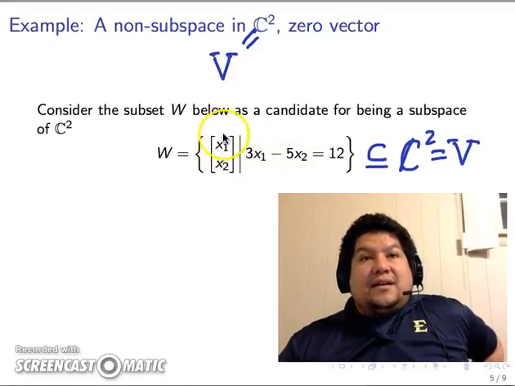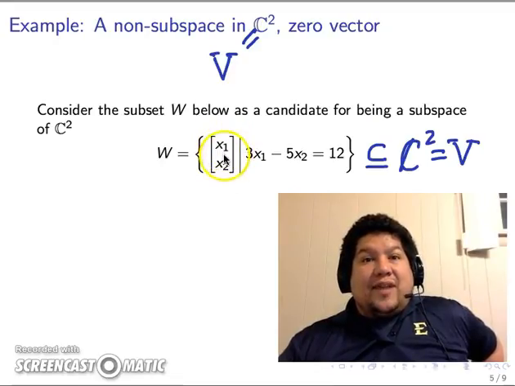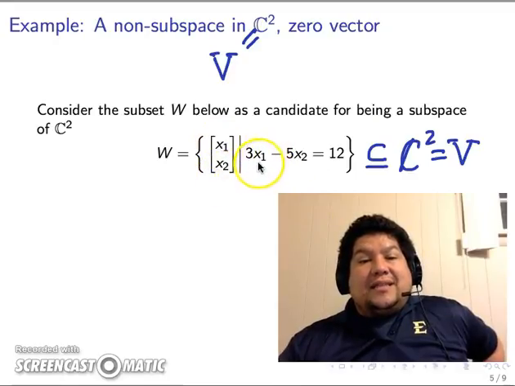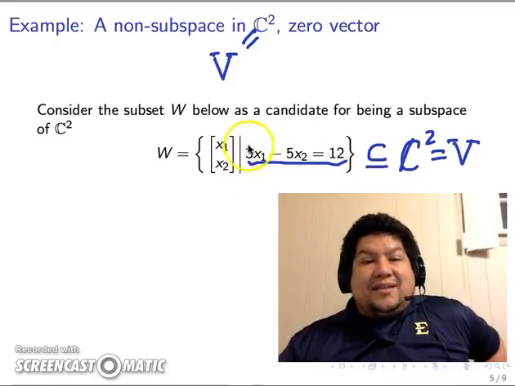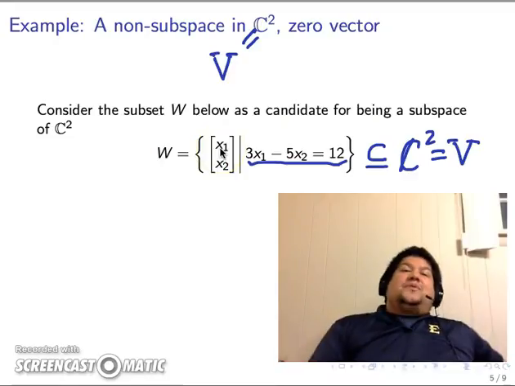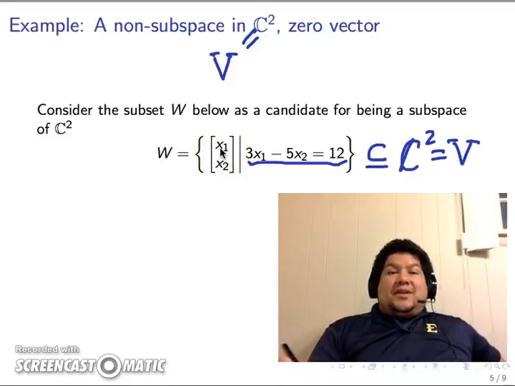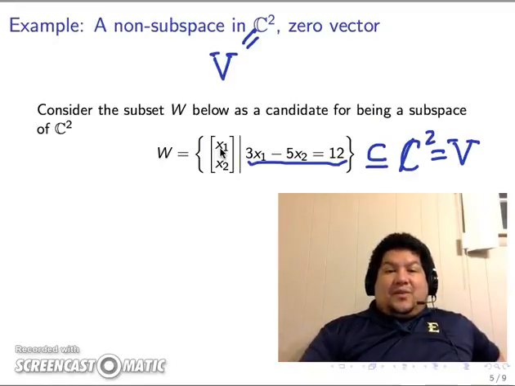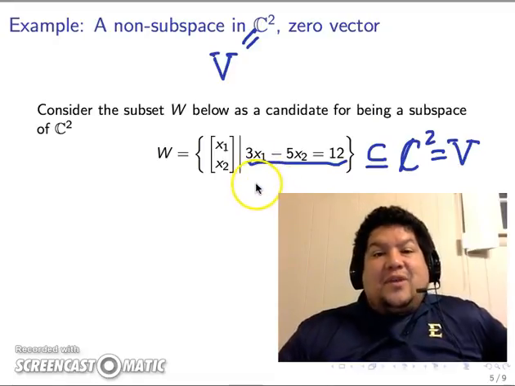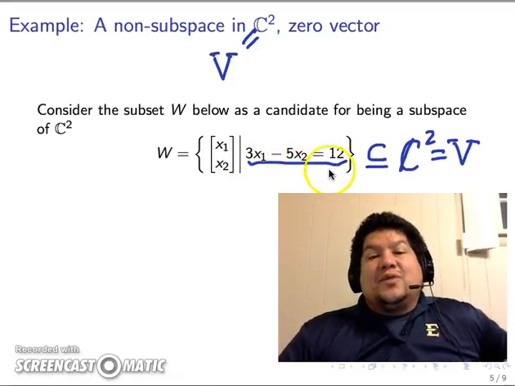These are vectors of length 2 with complex entries. However, the entries are constrained by satisfying this equation. So this is a very specific subset of C2 in which the entries are required to satisfy the equation 3x1 minus 5x2 equals 12.